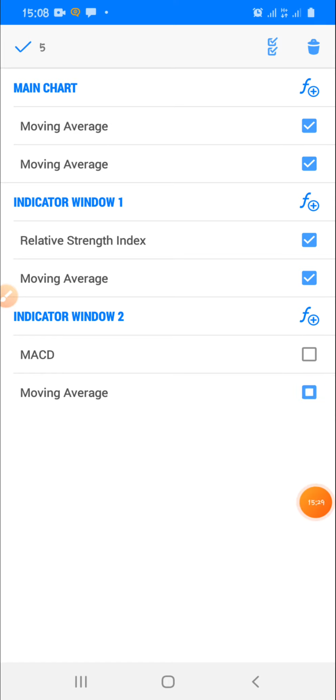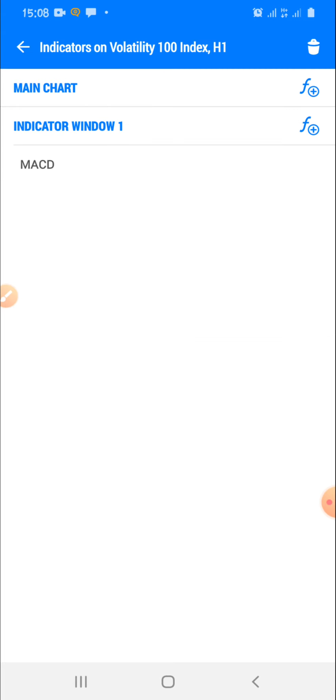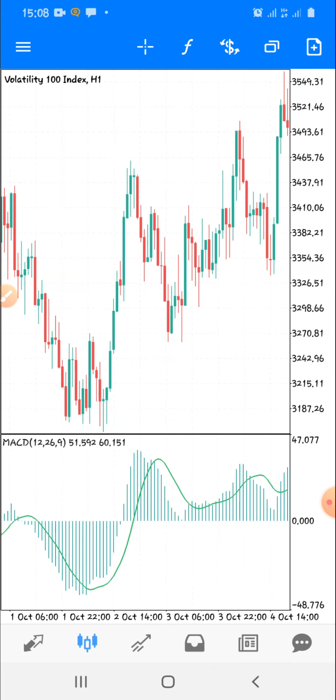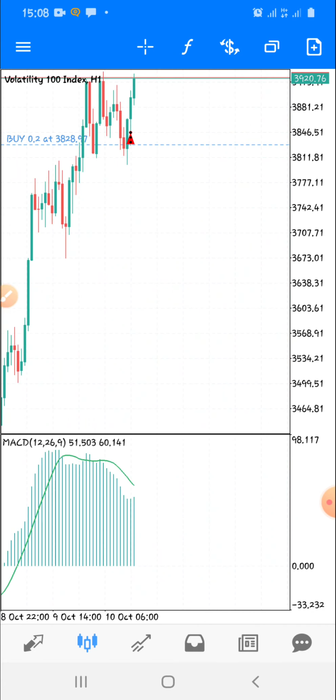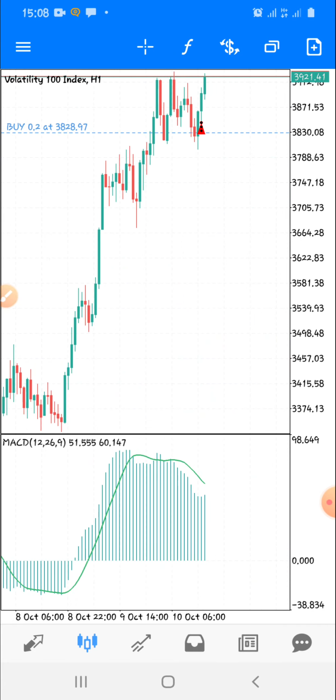Here I was just showing you that the MACD will be able to give us accurate signals for scalping so that we can make some good returns. Let's go back to our chart. We only have the MACD on our chart.